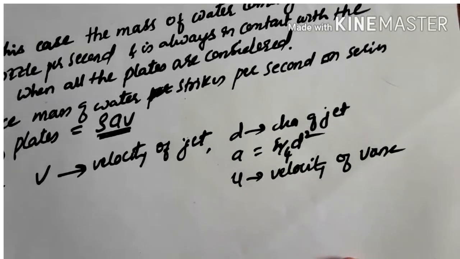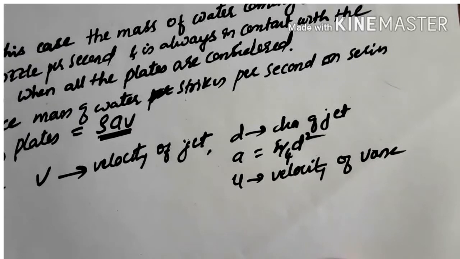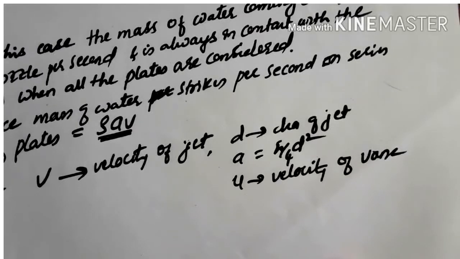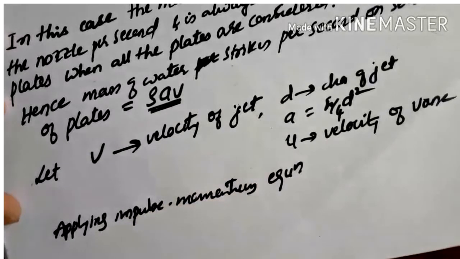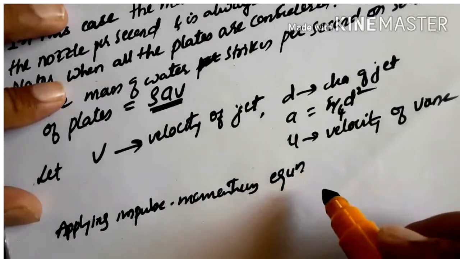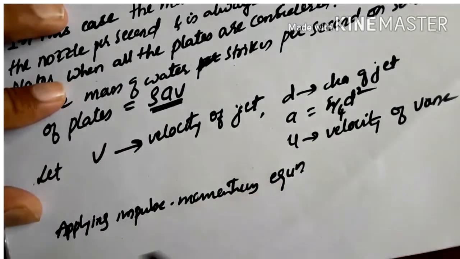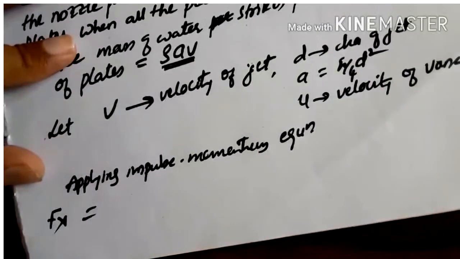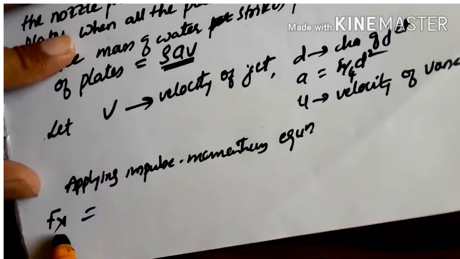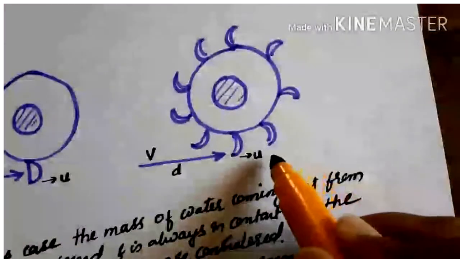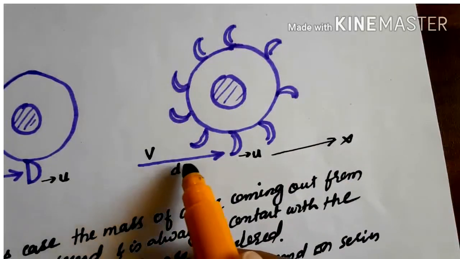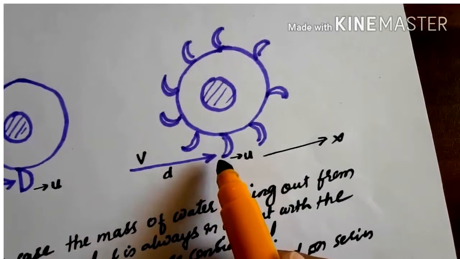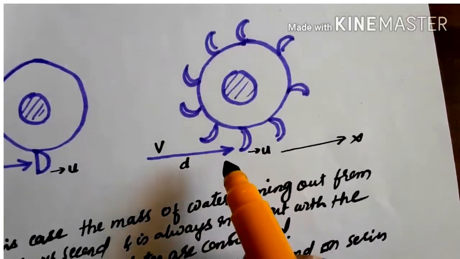further, if we apply the impulse momentum equation in the direction of the jet, then the force exerted by the jet on the vane in the x direction can be analyzed.